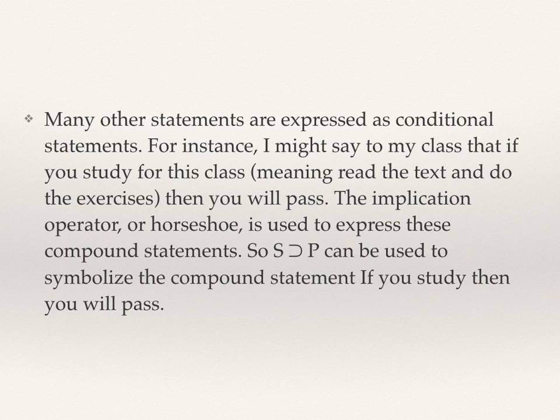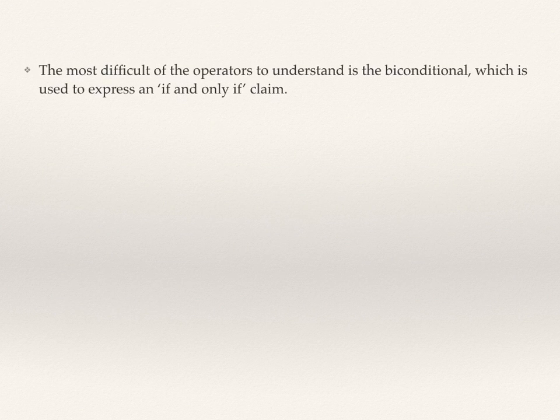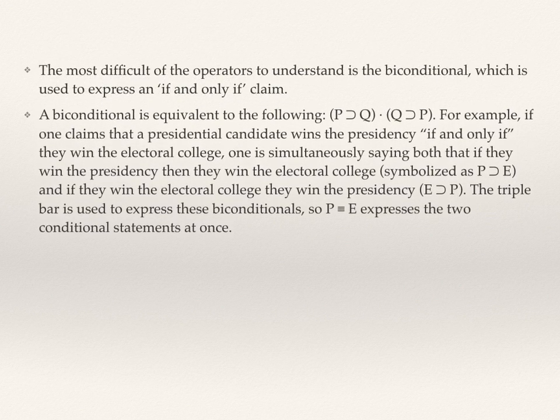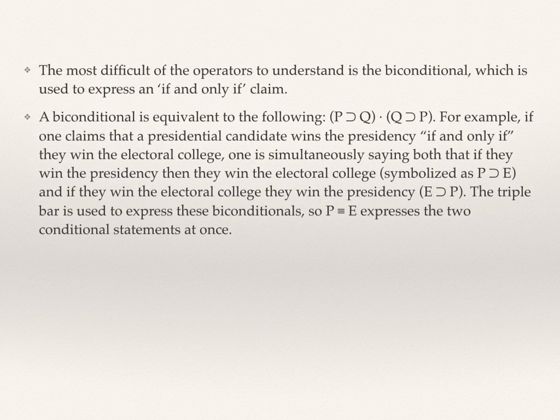Okay. The most difficult of the operators to understand is the biconditional, which is used to express an if and only if claim. So a biconditional is equivalent to the following: P implies Q and Q implies P. So we can see the two conditionals, or biconditional, here.